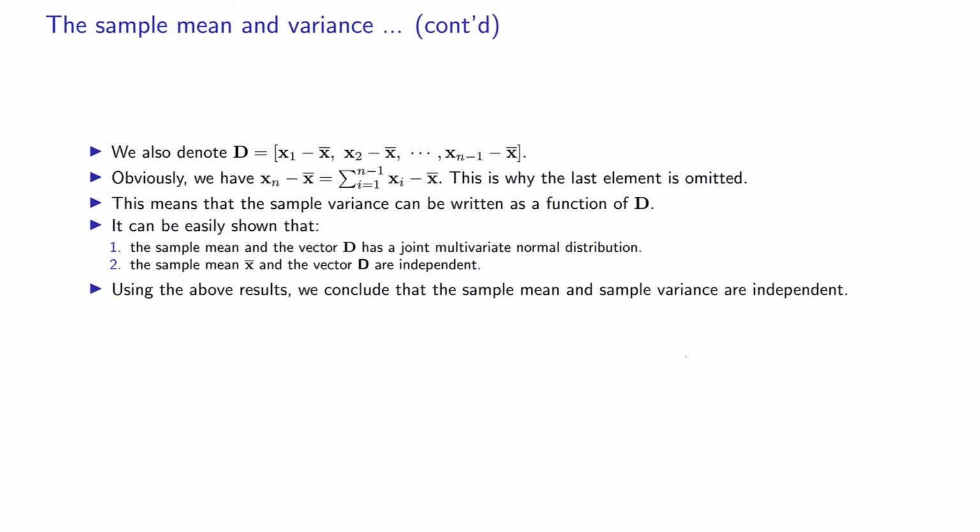Now the question is what is the distribution? So far we have concluded that x bar, the sample mean, and the sample variance are independent. Now, what is the distribution of x bar and what is the distribution of v bar? Obviously, we said that x bar has a normal distribution, but v bar we haven't said yet.